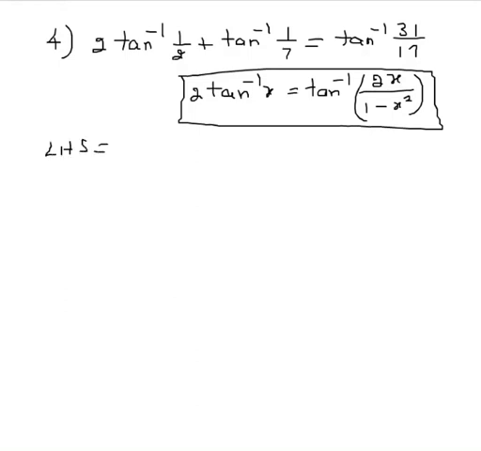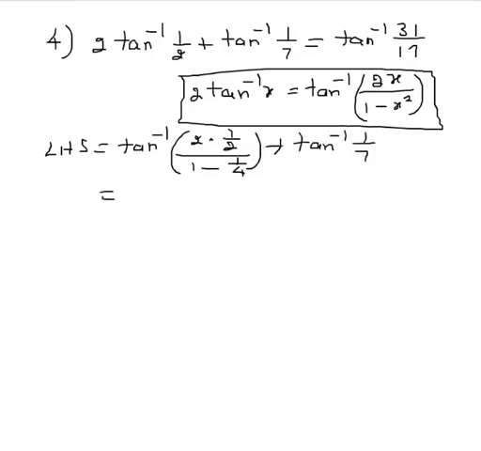The left hand side becomes tan inverse of 2 into half divided by 1 minus x squared, and the second term is tan inverse of 1 by 7. Let us simplify this. 1 minus 1 by 4 is 3 by 4. If I write the reciprocal, it becomes 4 by 3, plus tan inverse of 1 by 7.